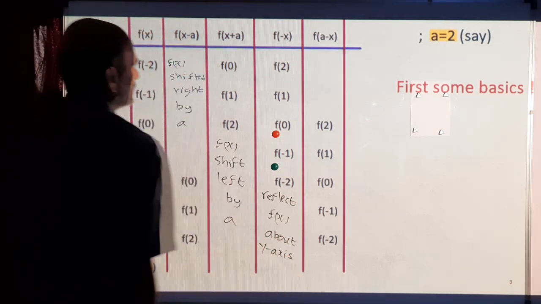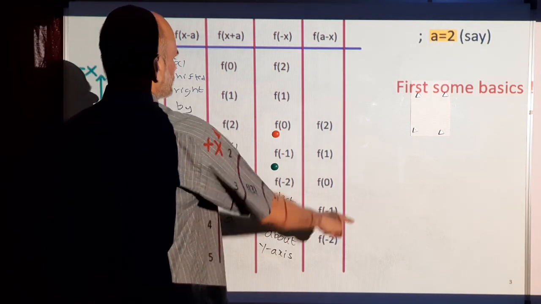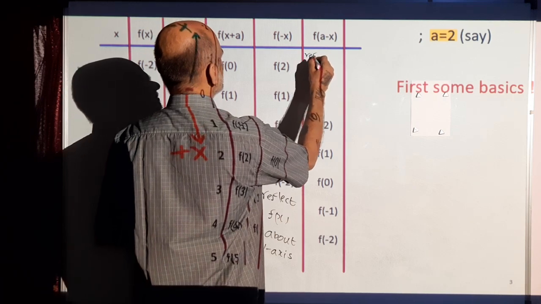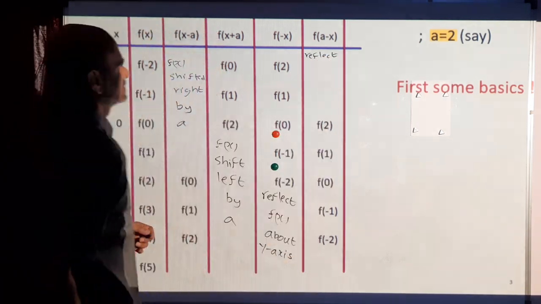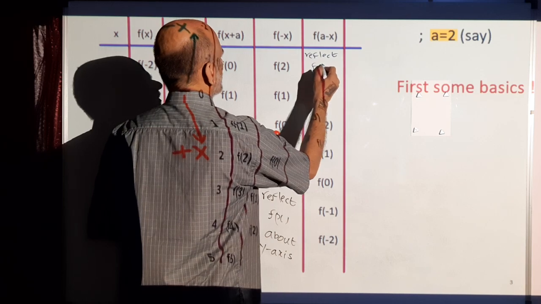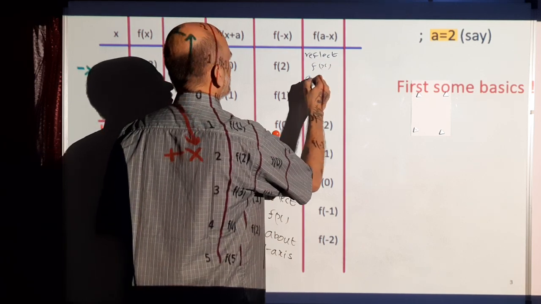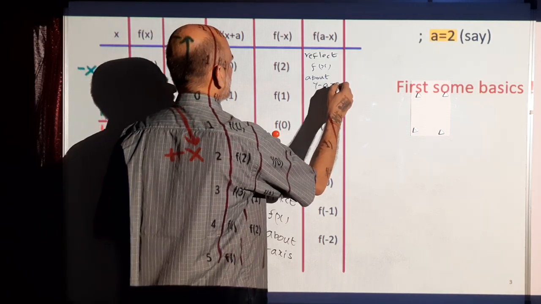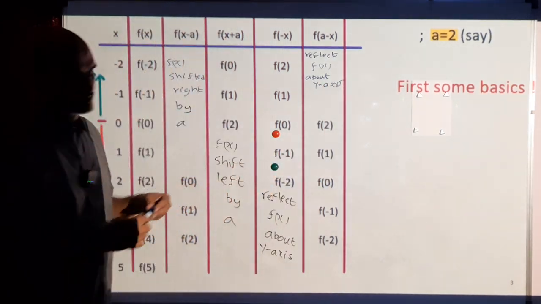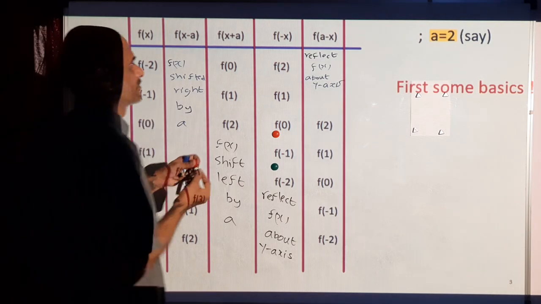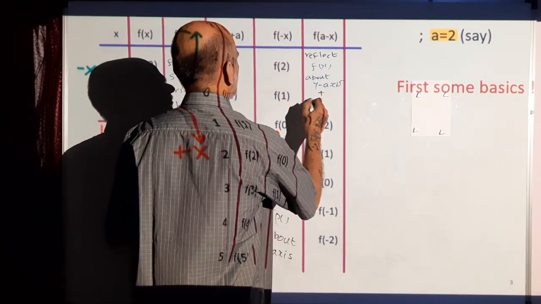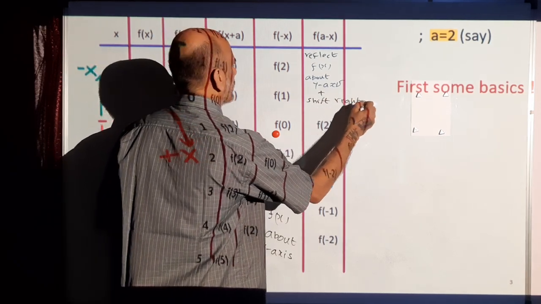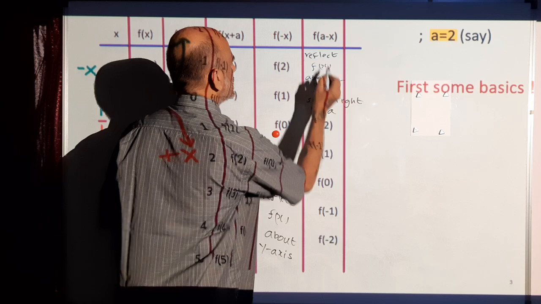So to get this function, first reflect the function to get this one, and then shift right by an amount a. So this function is obtained by first reflecting the function f of x about x equal to 0, that is the y-axis, then shifting right by an amount a.